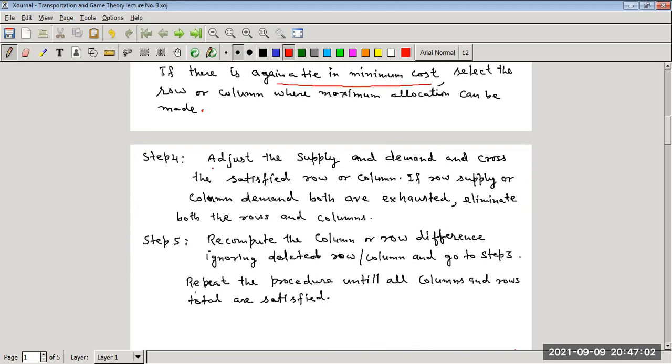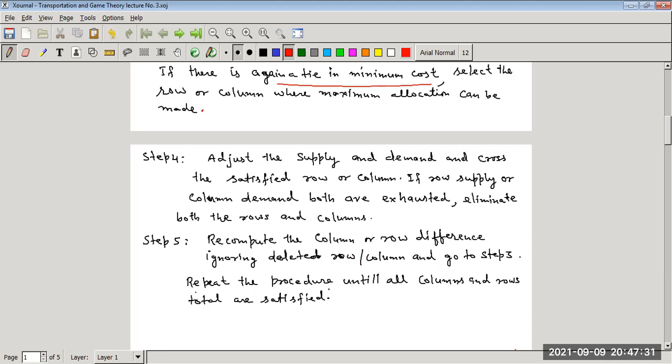Now step number 4, adjust the supply and demand and cross out the satisfied row or column. If row supply and column demand are both exhausted, eliminate both the row and column. Step 5, recompute the column or row differences, ignoring the deleted row and column, and go to step number 3.